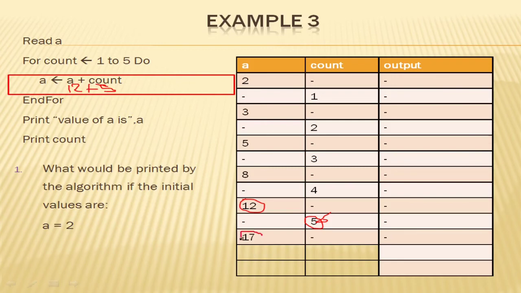Hence why we have the value 17 here, right? So we are at this line. There is no value for count, so we put a dash here. There is no value for output, so we'll put a dash here.